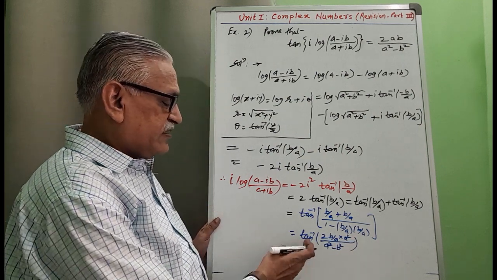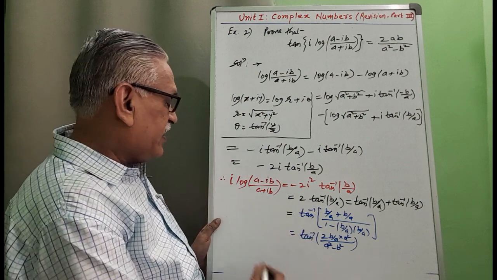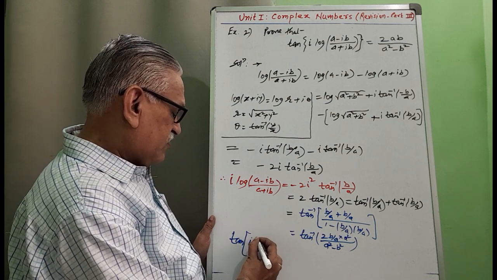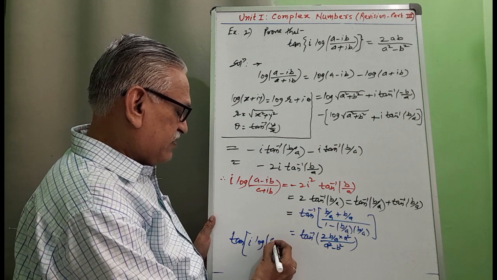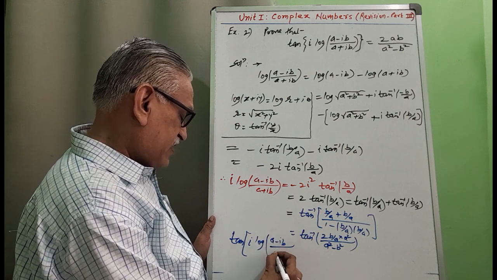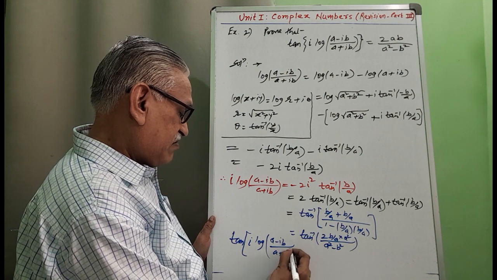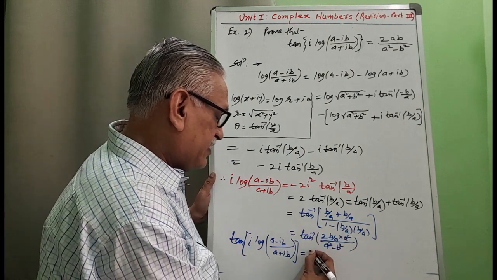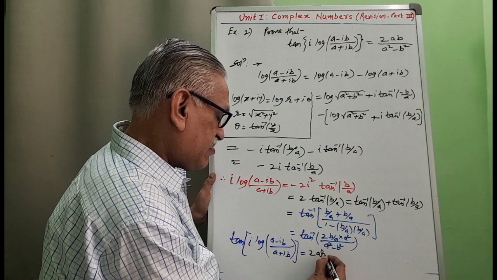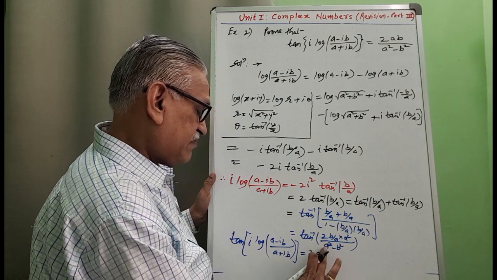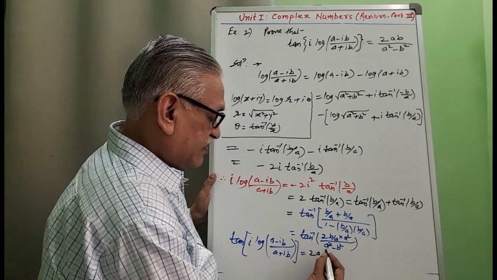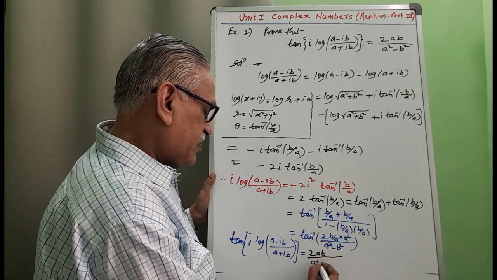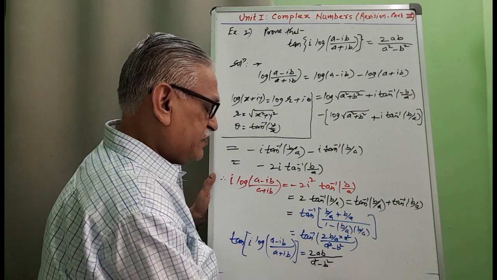And then transferring this tan inverse to the other side, we get tan of I times log of a minus ib whole divided by a plus ib, and that is equal to, a square gets cancelled, therefore the remaining terms are 2ab whole divided by a square minus b square.